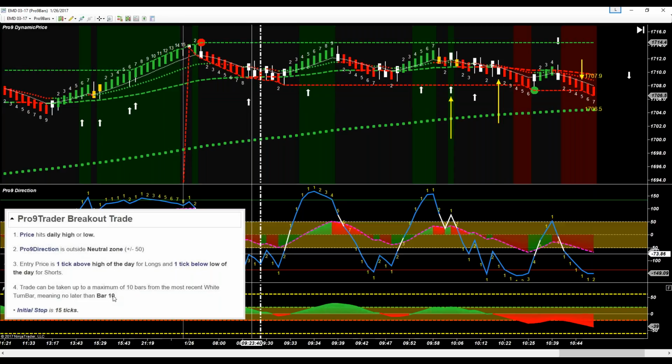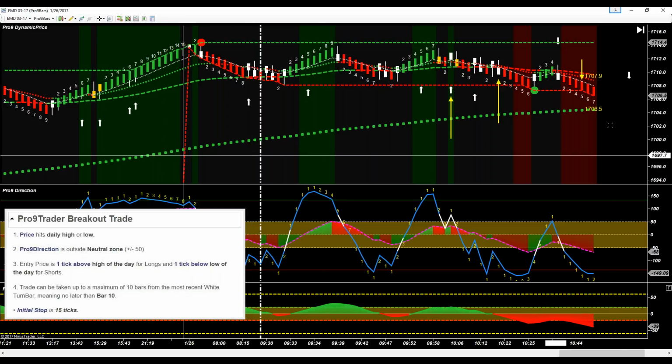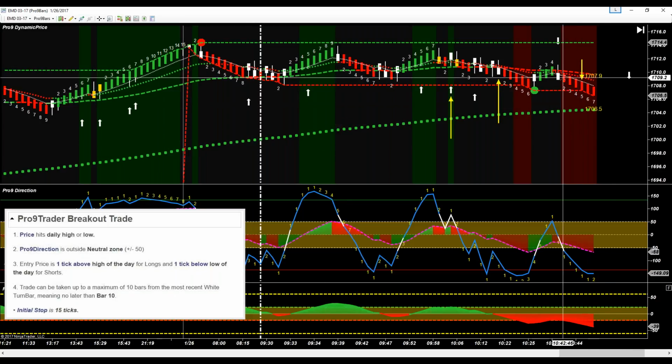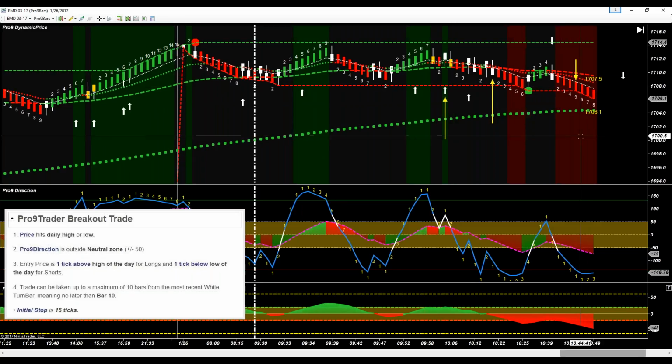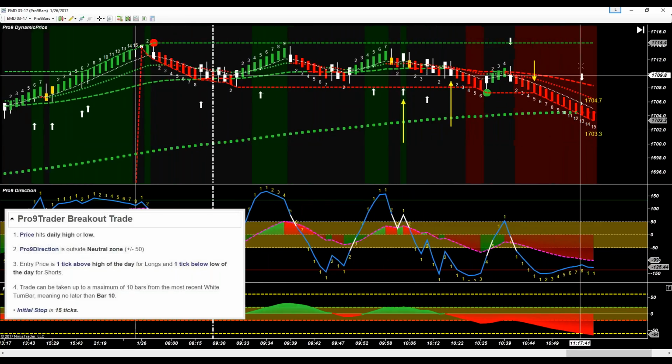So really, we don't want to enter a breakout if the bar that breaks through the low of the day is past bar 10. We found that after that it becomes much more risky, and they tend to run out of steam if that's the one that breaks through. And then if we missed both of these entries, we come down here and we have a momentum entry.